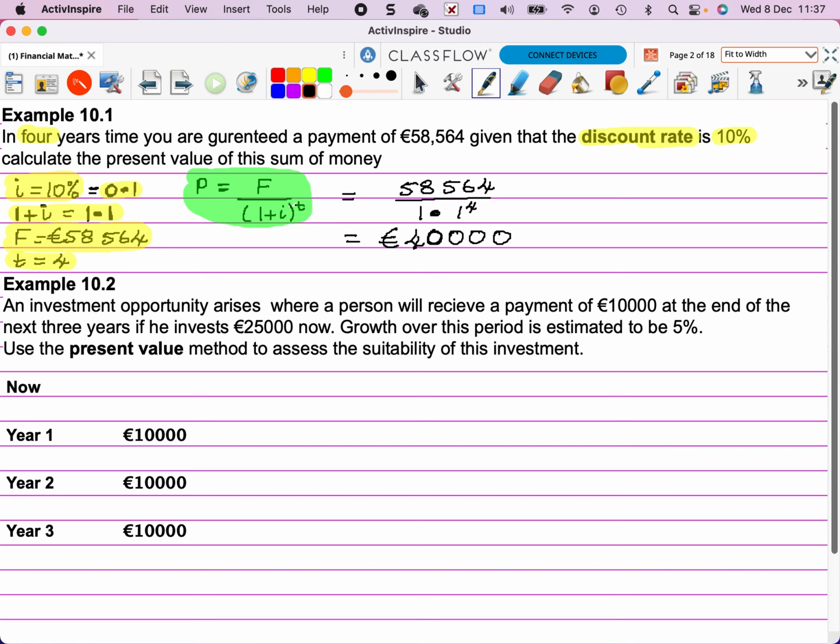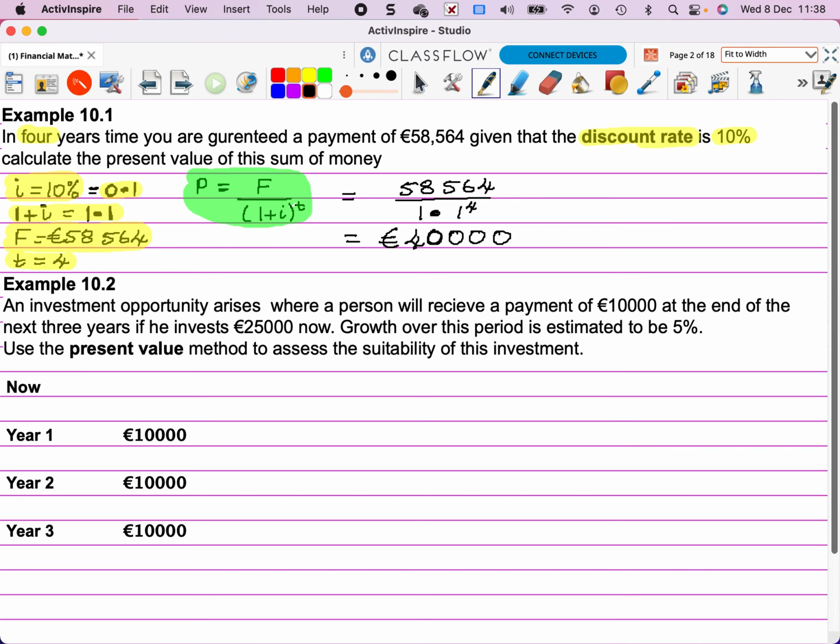So what are we getting? We invest 25,000, and then we get 10,000 at the end of year 1, 10,000 at the end of year 2, and 10,000 at the end of year 3. What we want to find out is, was this investment worth it?